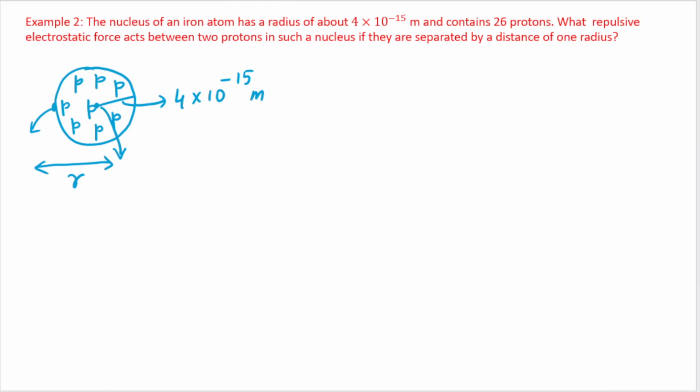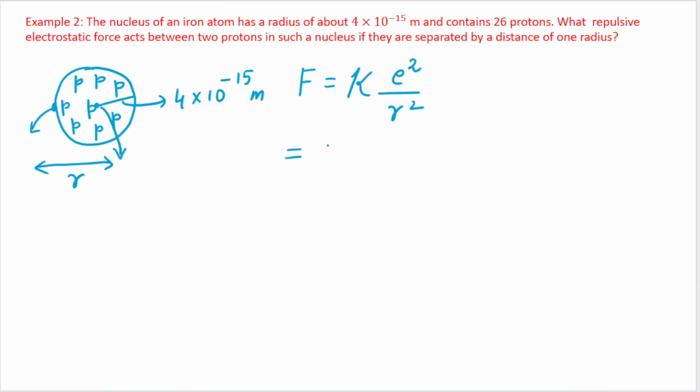To find this force of repulsion, once again we make use of Coulomb's law. F equal to 1 by 4 pi epsilon naught, which I abbreviate as k, Q1 Q2. Q1 and Q2 is the charge of the proton. Therefore, I can write it as e square divided by r square.